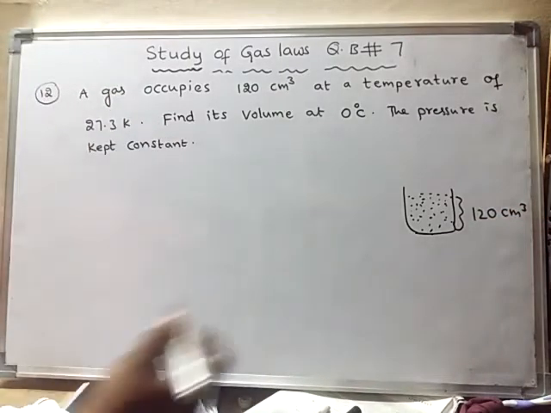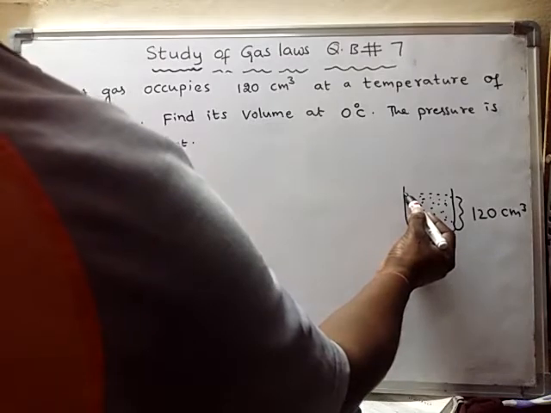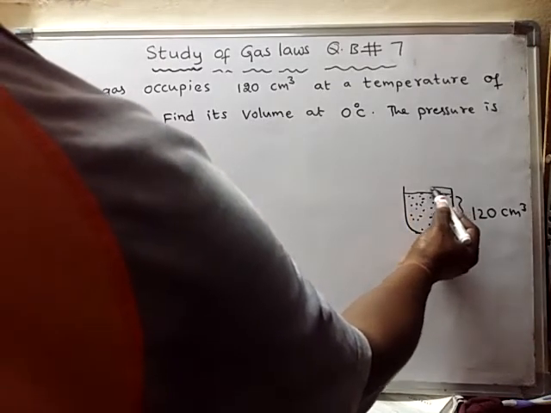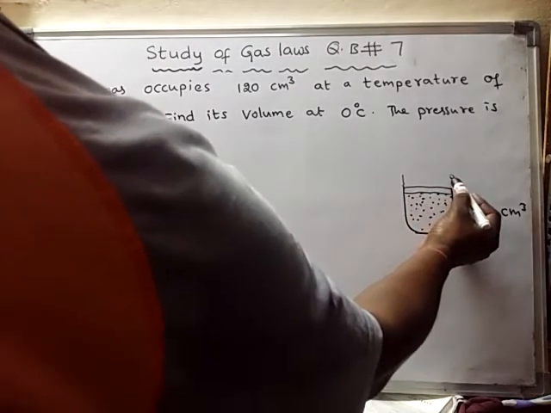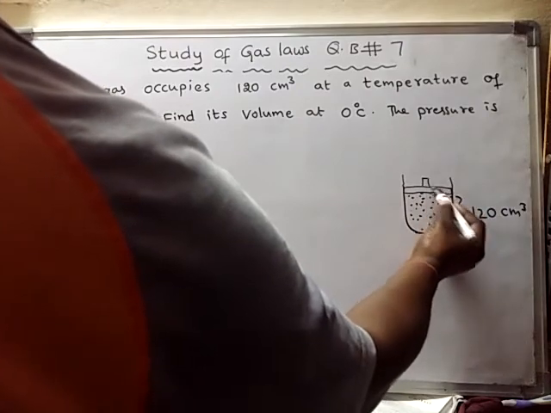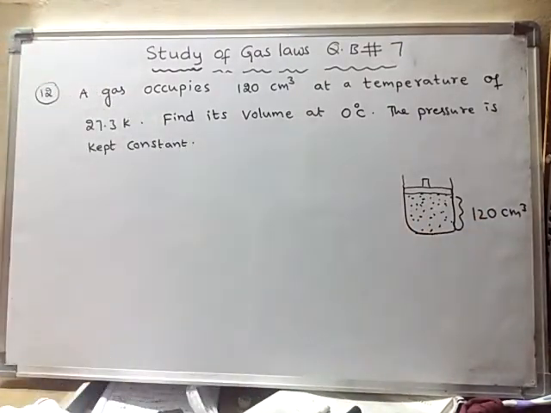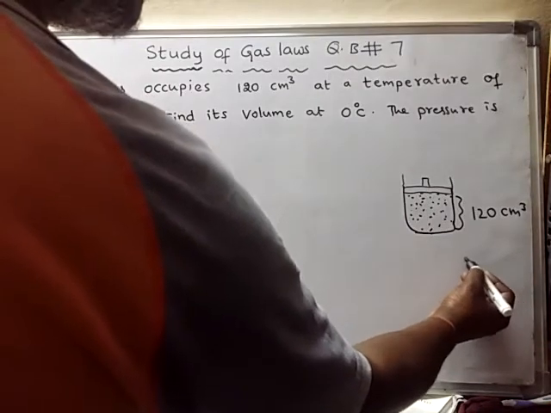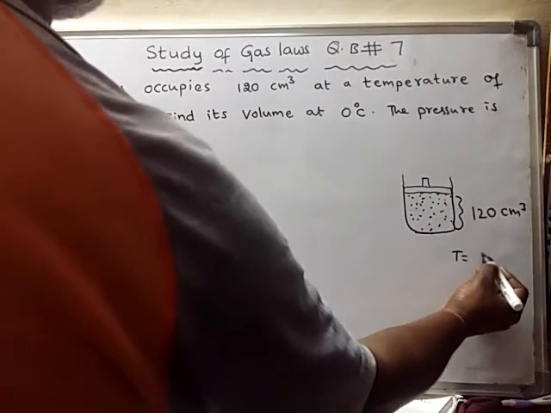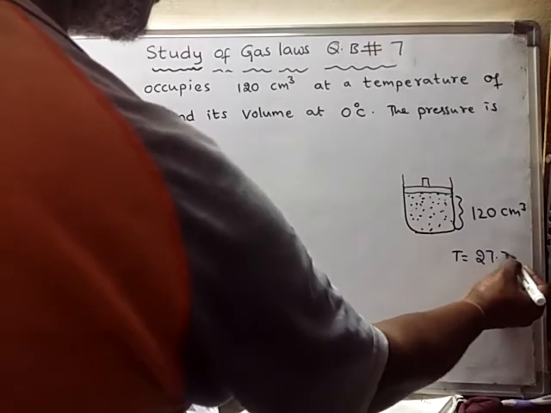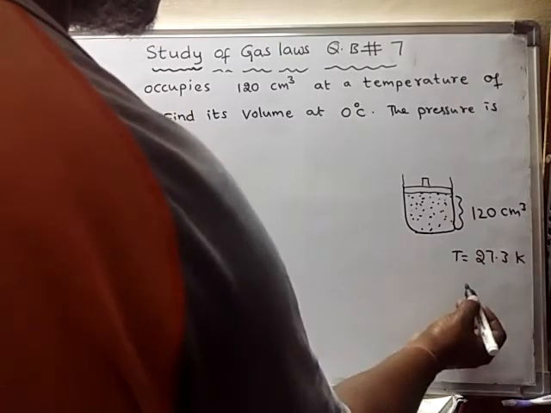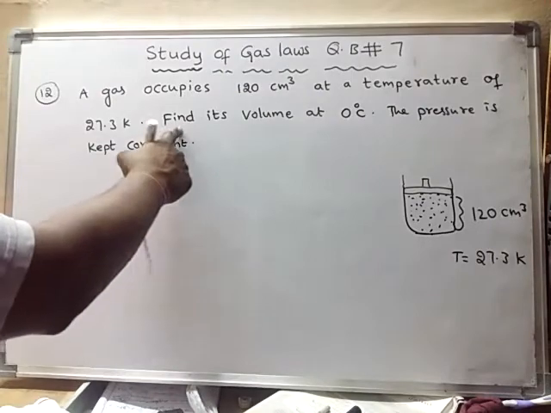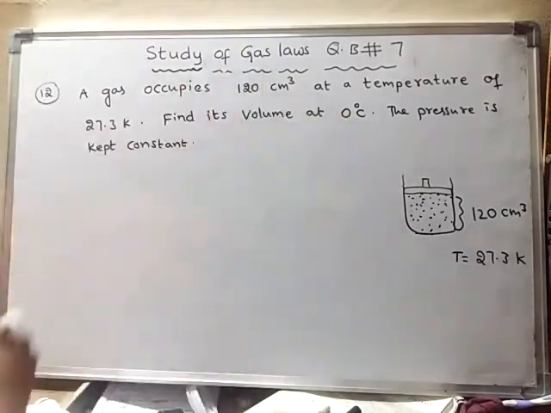The absolute temperature is given as 27.3 Kelvin. Find its volume at 0 degrees centigrade.